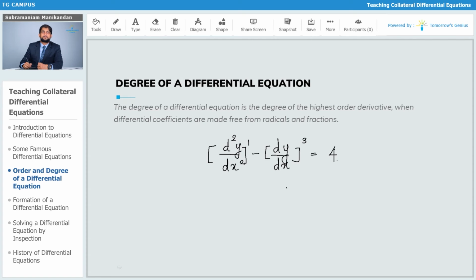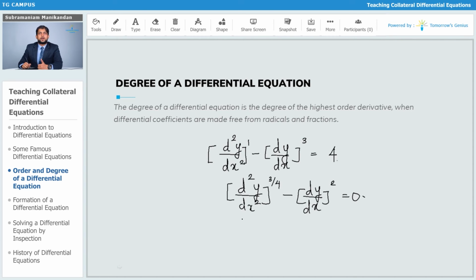For example, if we have d square y by dx square to the power of 3 by 4 minus dy by dx whole square is equal to 0.